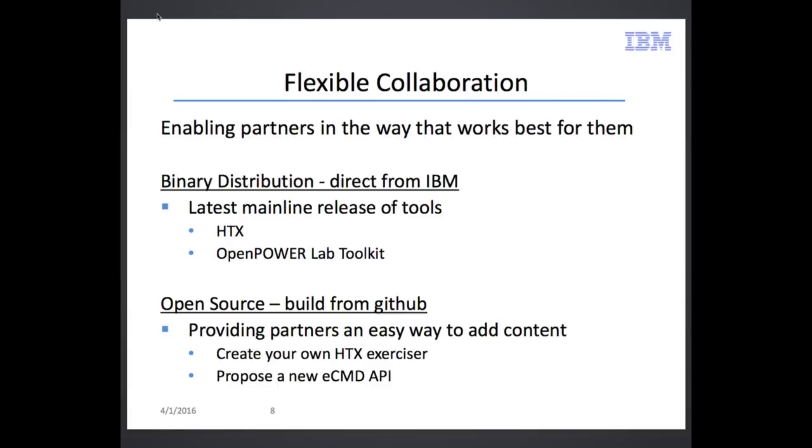Those will continue to be available from IBM. If you don't want to mess around with building the source, you don't have to. But it is available. So you can build HTX if you want, and then hopefully while you're in there, take a look, maybe contribute an exerciser. There are sample exercisers that make it really easy to get started.